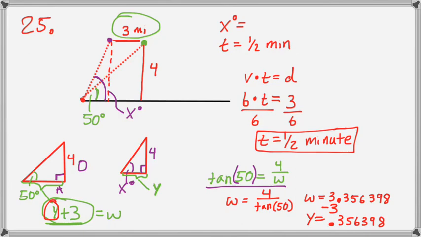Now I know y, and now that I know y, I can solve for x. Again, I'm going to use a tangent. Tangent of x is equal to opposite over adjacent, so 4 over y, and y I can now load with this value of 0.35639.